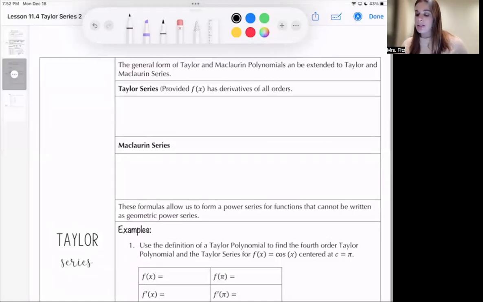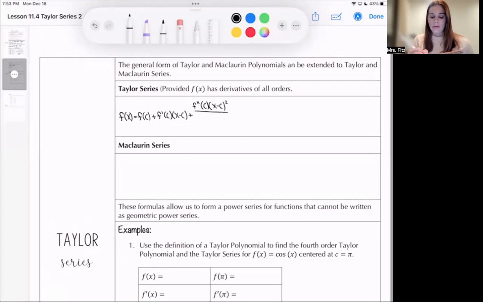So if you have a Taylor series, it's going to be written as f of x equals f of c plus f prime of c times x minus c plus f double prime of c times x minus c squared over 2 factorial plus f triple prime of c times x minus c cubed over 3 factorial, right?